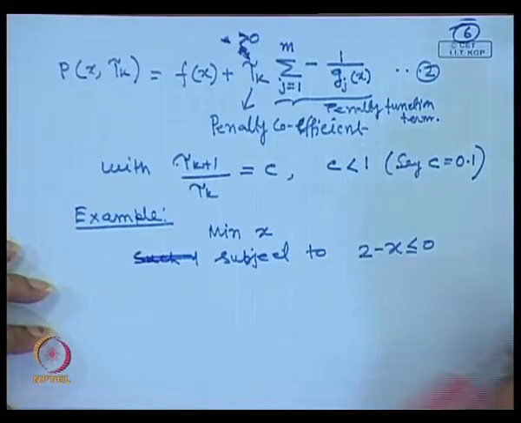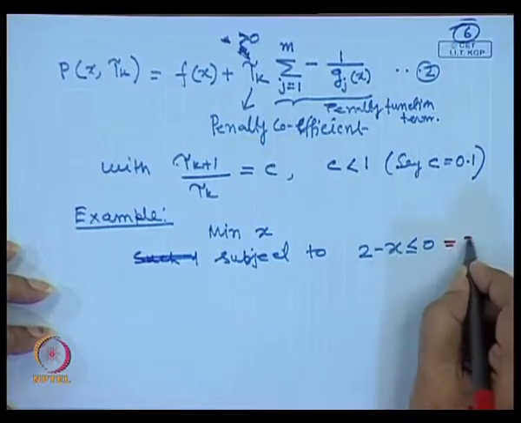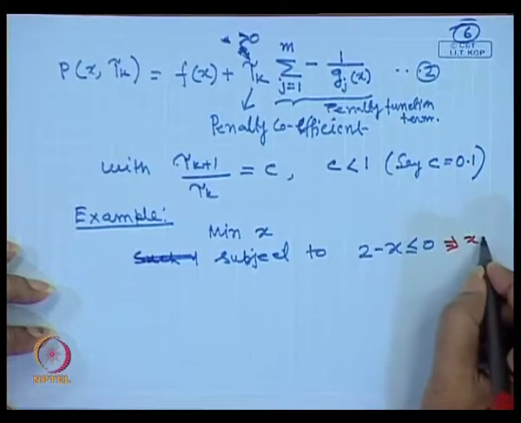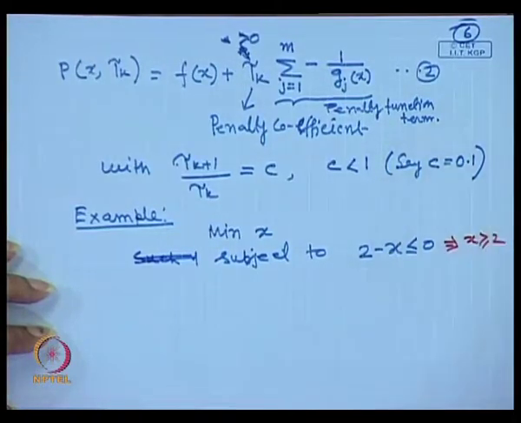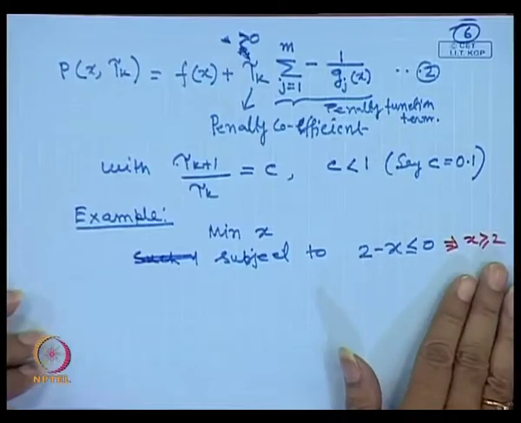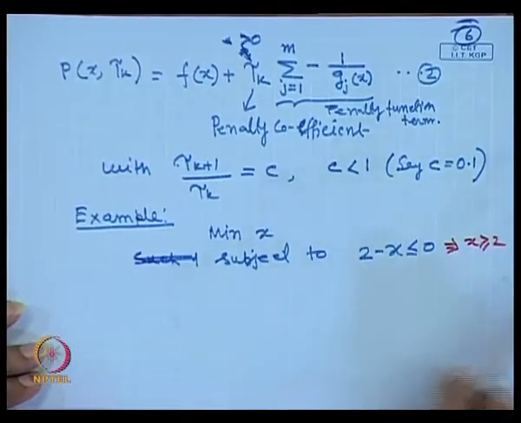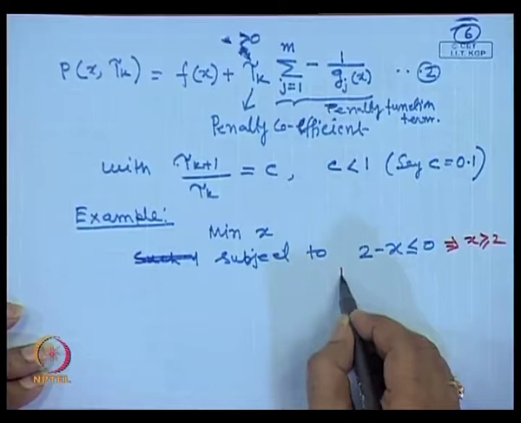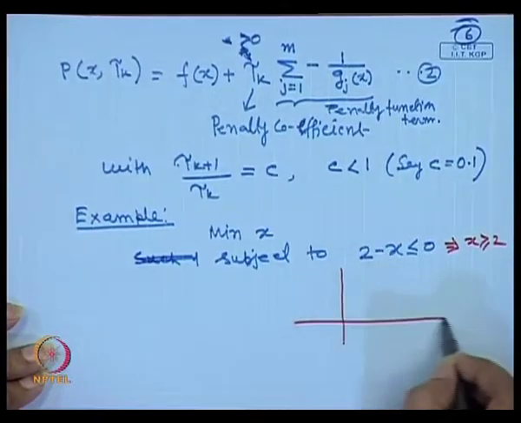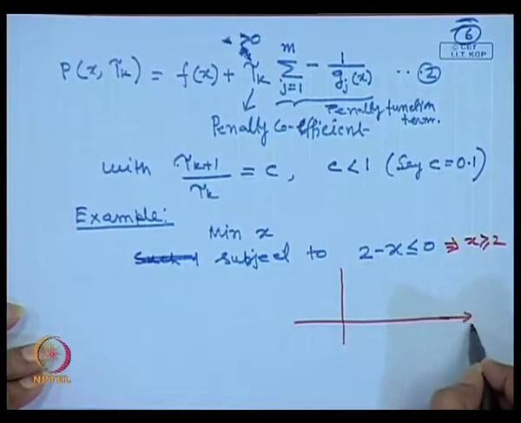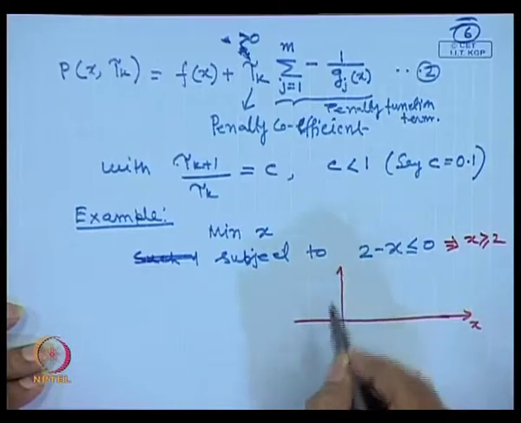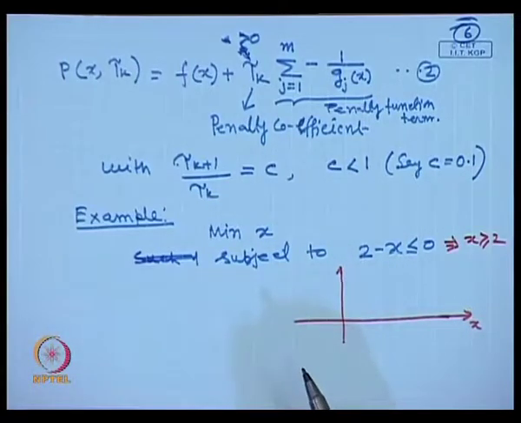And when x is equal to 2, or nearly equal to 2, this value is infinite. So, it will not allow the variable values to cross the left-hand side of this one.